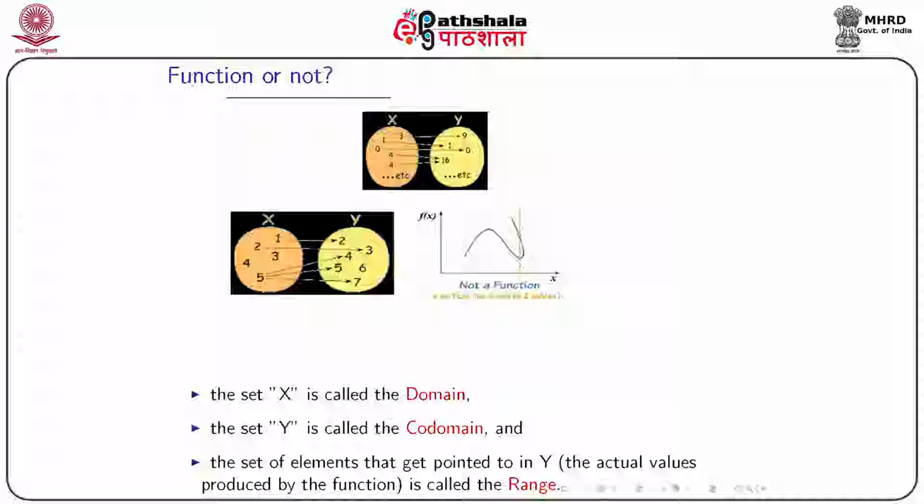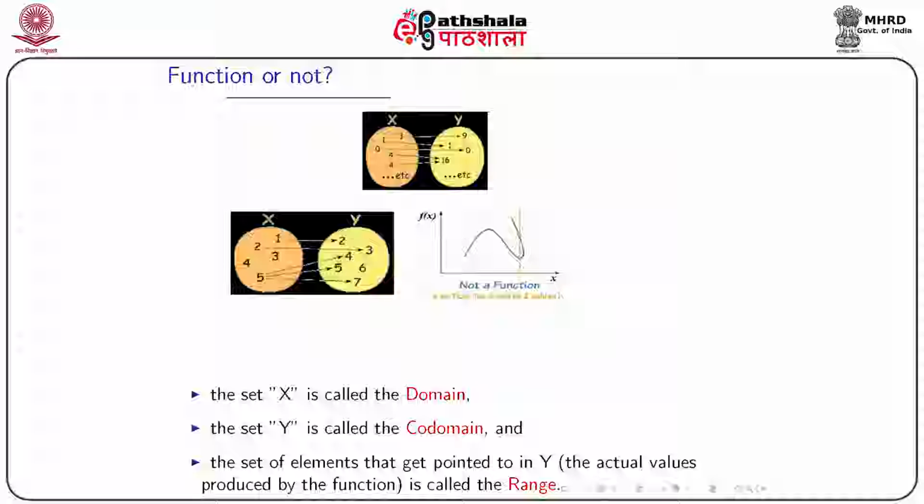Now all the elements of X have some connection to Y, though there are two elements in Y which do not have any relation with X. So whenever we are trying to formalize a function, it must be kept in mind that I can have two different inputs resulting in a single output, but the reverse cannot happen. If something like that happens, then it is definitely not a function.